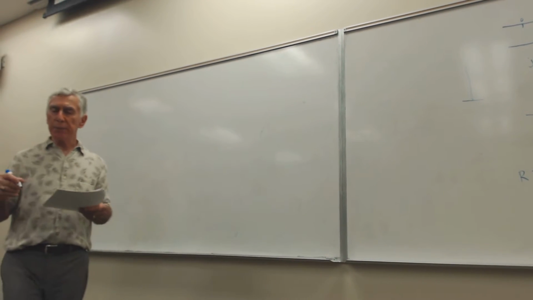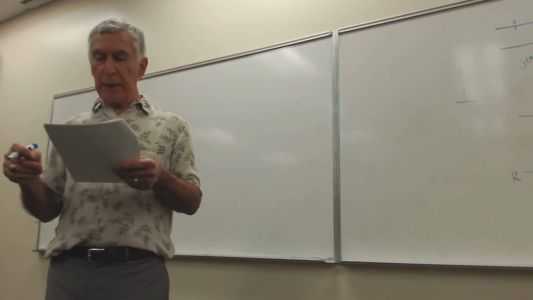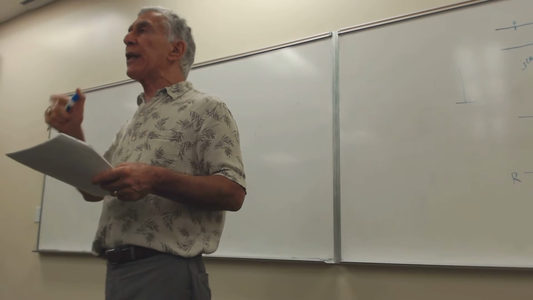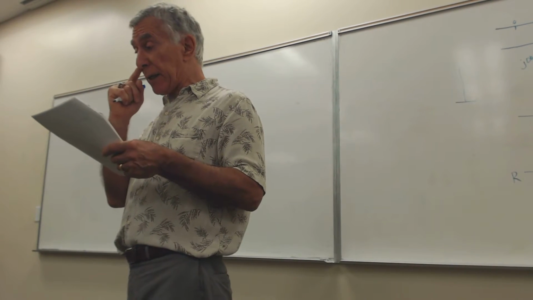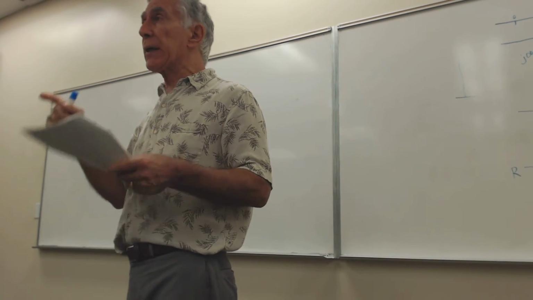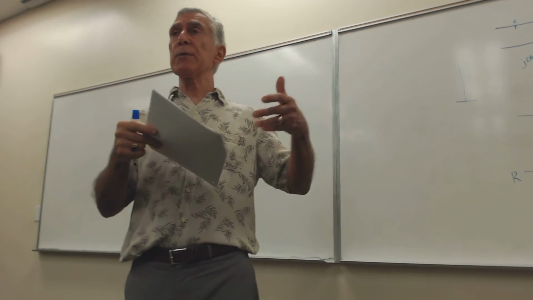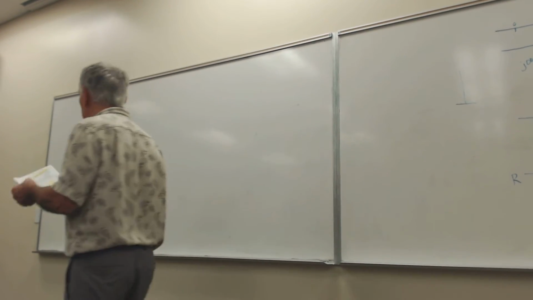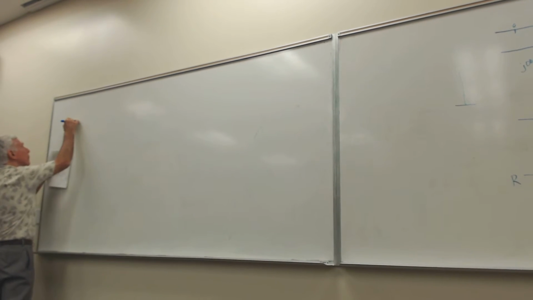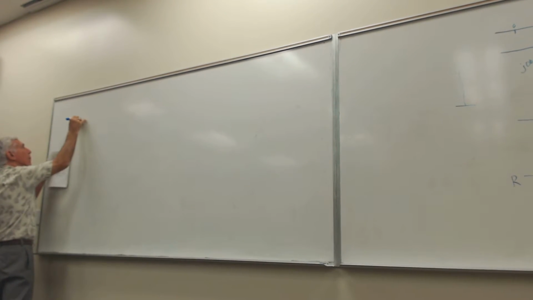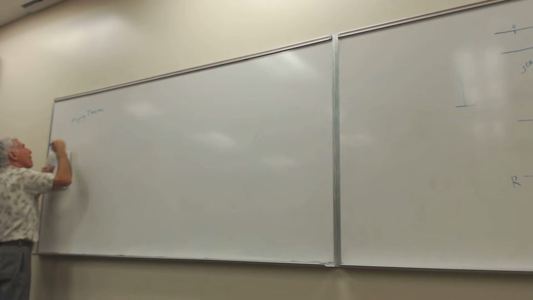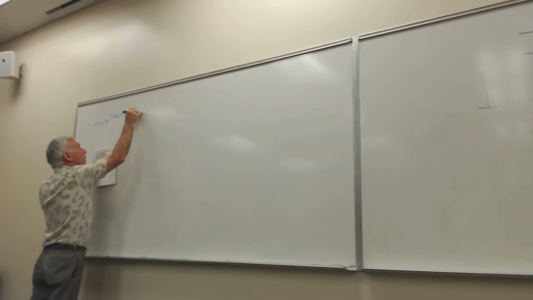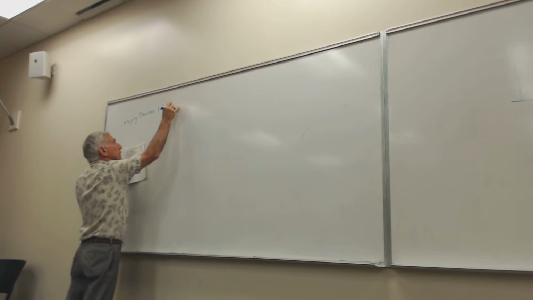This mapping theorem will lead up to what's called the Nyquist stability criterion, and from the Nyquist stability criterion we can determine system stability. So the mapping theorem, also called the Cauchy principle.